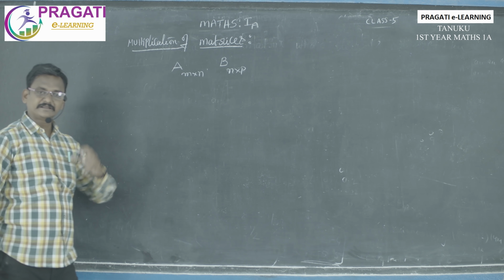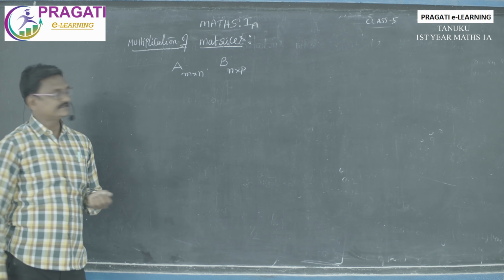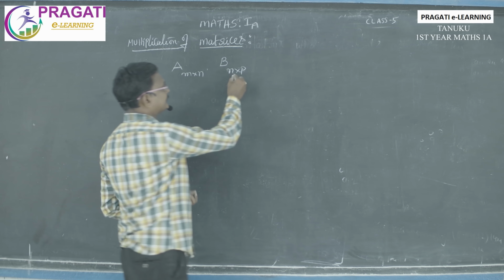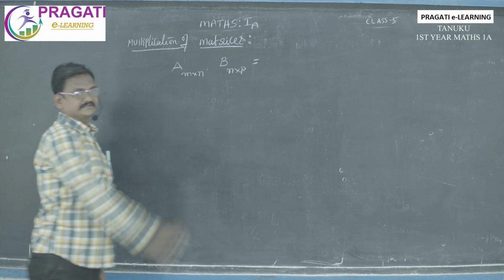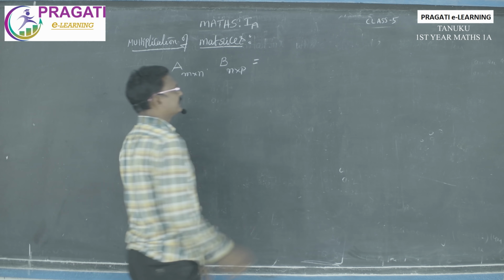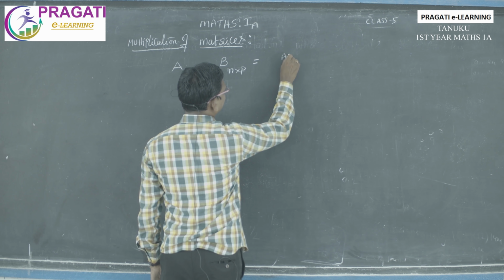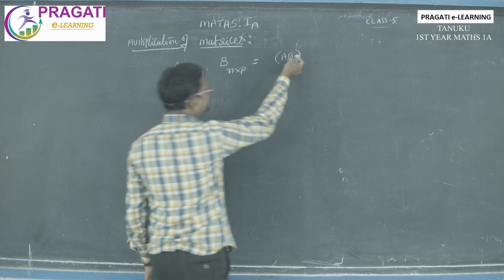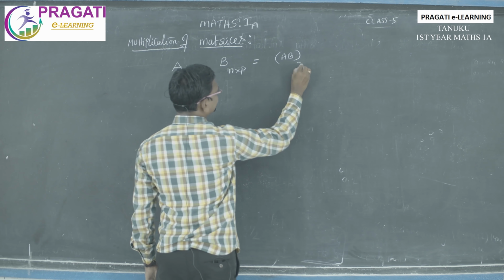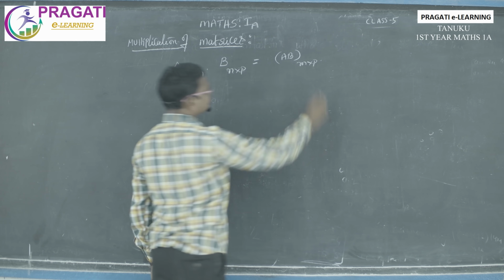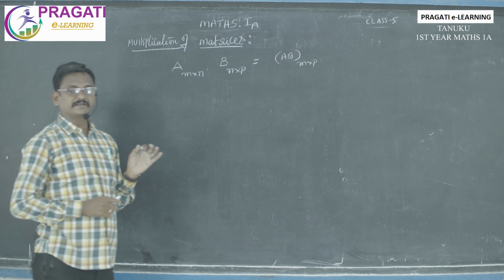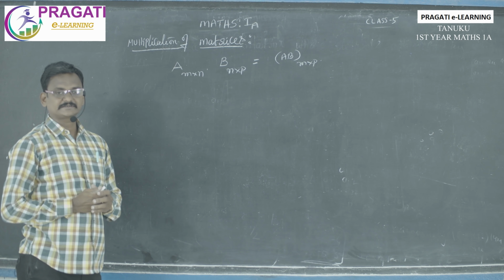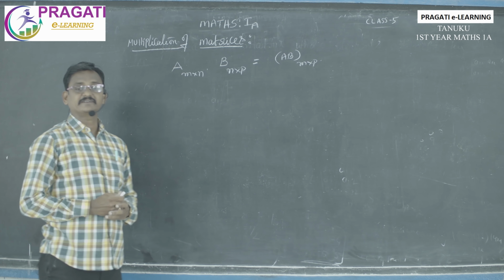Do you understand? Then the product of the two matrices, that is AB, has order m by p. So when multiplying two matrices, there is one condition.